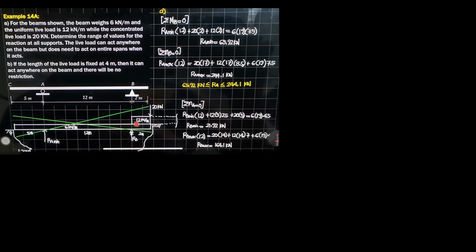So the idea is only 2 meters should be placed there, or else if we allow a portion of the 12 kilonewton load to be between A and B, then the reaction at A will no longer be minimum, because if there is a load in between the two, a portion of that load will be carried by A. So just this part.